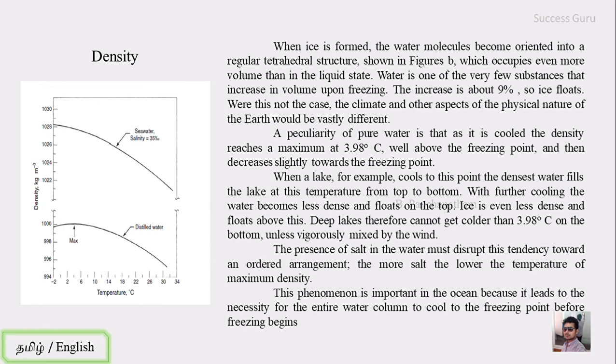But in a lake, or in a cold lake, you cannot expect the same thing. When the water is at 3.98 degrees Celsius, the lake will be at high density. When it moves lower or even higher, the density will decrease. So you can see it go up and then down in a freshwater lake, that is the distilled water they have mentioned here.